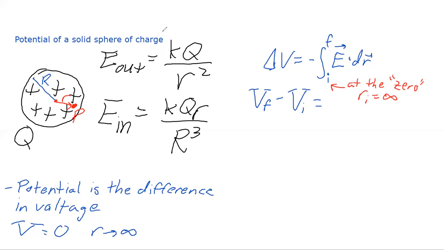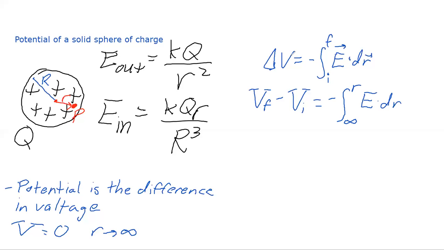All right, so what I have now. Let me erase this really quick so I can keep writing here. So I have negative integral from infinity to r, where r is at point P. It's inside the sphere.